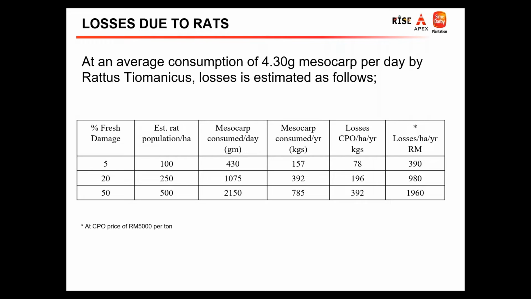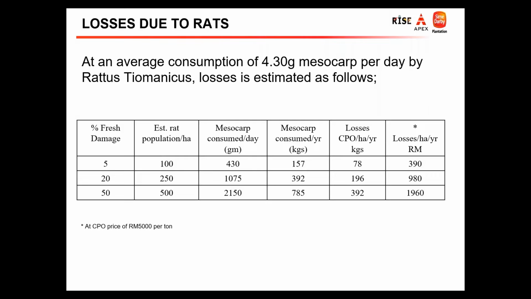The fresh census damage of 5% correlates to the rat population in the field. So we can estimate based on the consumption of the rat the researchers worked on, at 4.3 grams. So you can calculate 100 rats per hectare can consume about 430 grams of mesocarp.